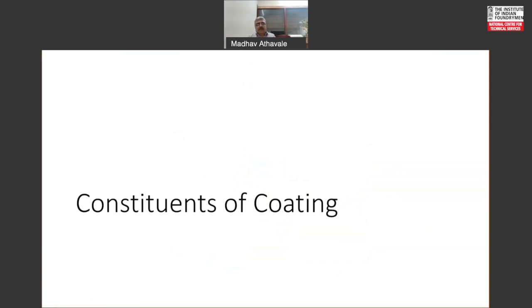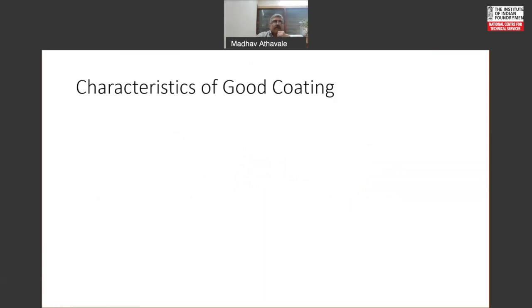Now let's look at what are the constituents of coating. Let's first define what are the characteristics of a good coating.